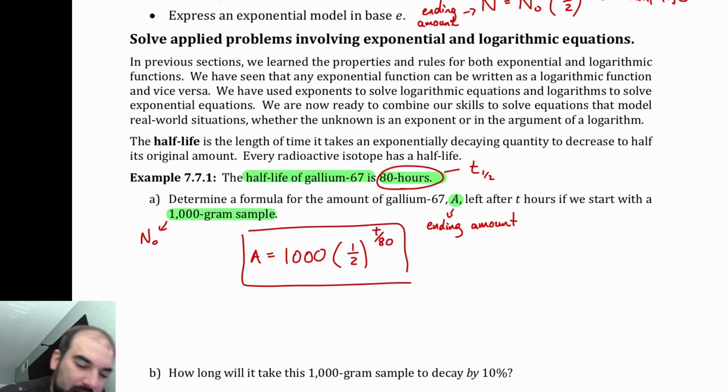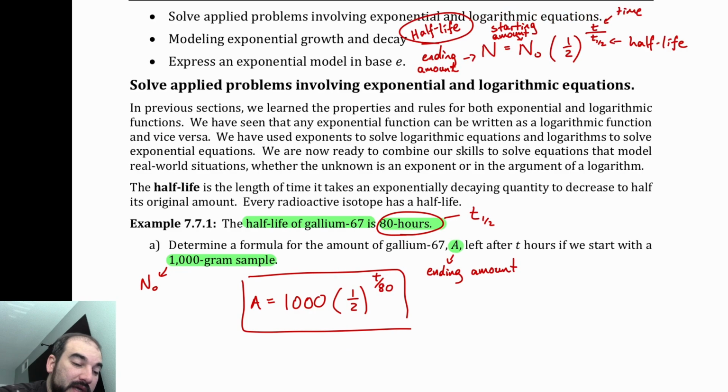And that is our amount left after t hours. Okay, so you should be able to use this formula with any kind of given situation where you plug in certain numbers. Maybe you know the ending amount and the starting amount, and you're trying to find time, or maybe you know how much time it took to go from a starting amount to an ending amount, and you're looking for the half-life. There are different variations of half-life questions that you could work with.